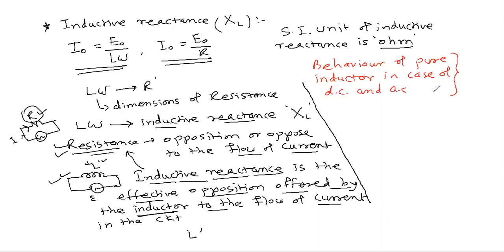Sometimes they ask questions on this topic also. So this topic is very important. That means if you apply DC across this inductor, and if you apply AC across this inductor, how does this inductor behave? Now we will see this property.